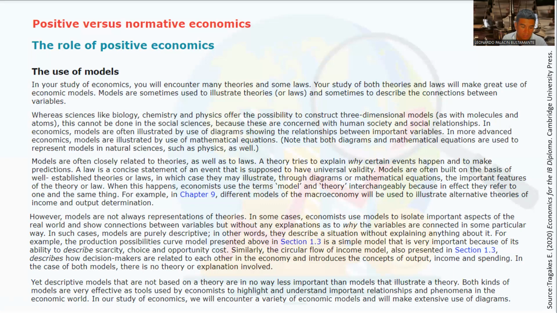Both kinds of models are very effective as tools used by economists to highlight and understand important relationships and phenomena in the economic world. In our study of economics, we will encounter a variety of economic models and will make extensive use of diagrams.